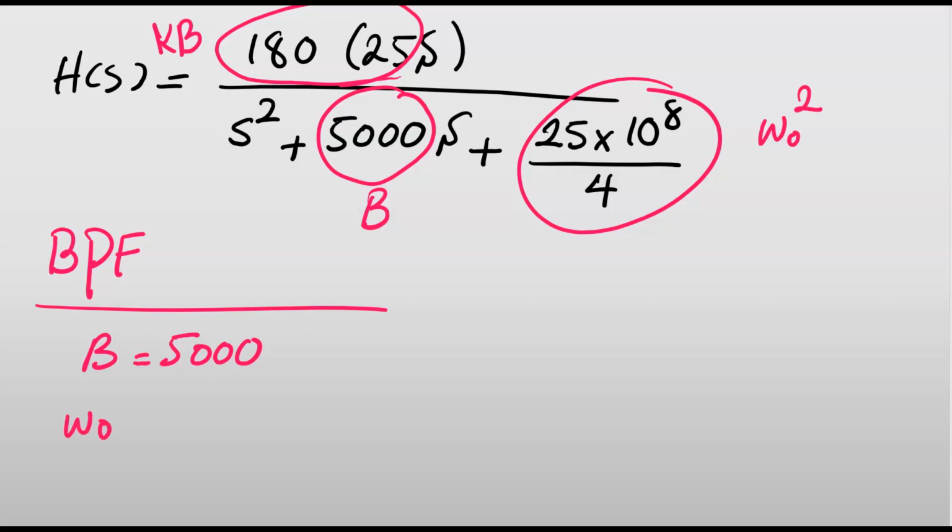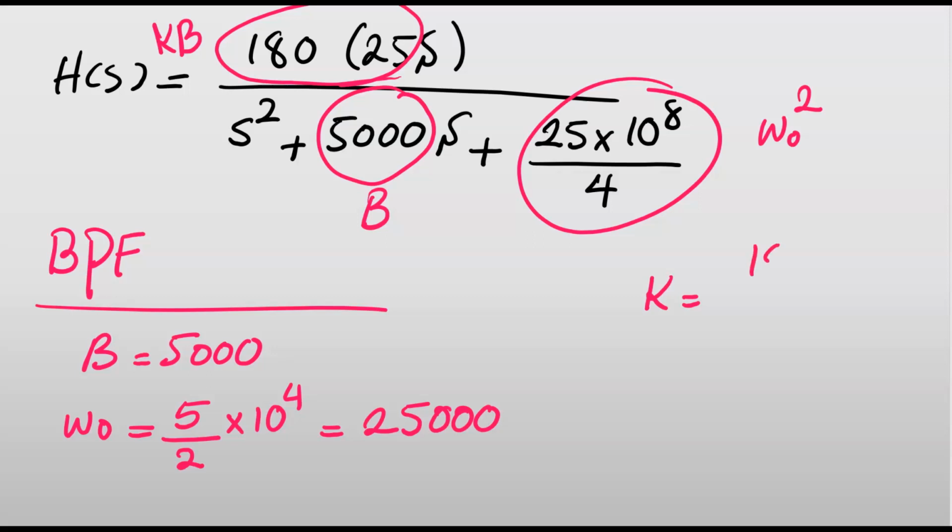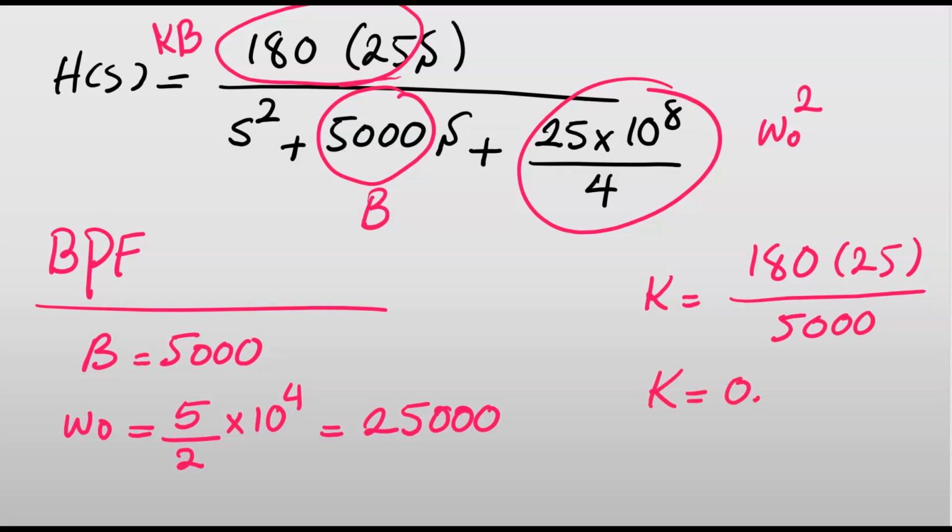My omega naught is equal to 5 divided by 2 multiplied by 10 to the 4, which is going to be 25,000. And finally, my k will be 180 multiplied by 25, the coefficient of numerator, divided by my beta, which is 5,000. So k would be equal to 0.9.